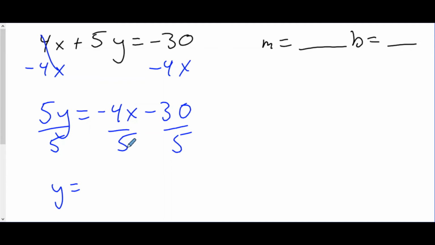So negative 4 divided by 5, that does not reduce, so I will leave it as negative 4/5 x. Again, I pull the x out next to it, it means the same thing. And then negative 30 divided by 5 is negative 6. So my slope is negative 4/5, and my y-intercept is negative 6.